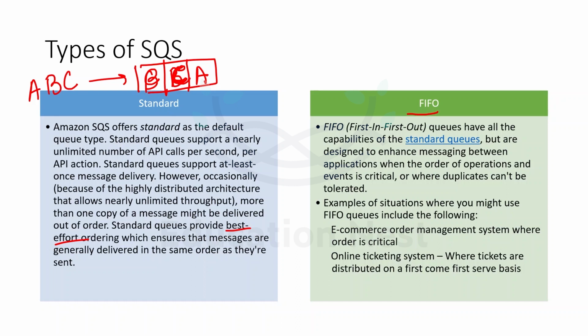First in, first out queues have all the capabilities of the standard queues, but they are designed to have enhanced messaging between applications when the order of operations and events is critical or duplicates cannot be tolerated. Because with a FIFO queue, it is guaranteed to be delivered at most once.